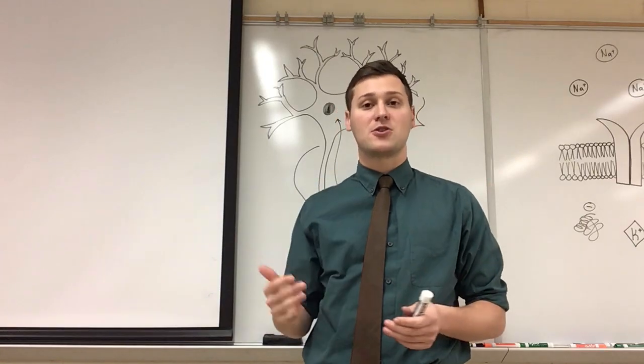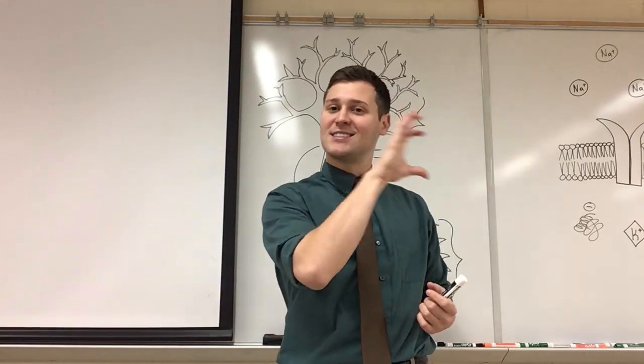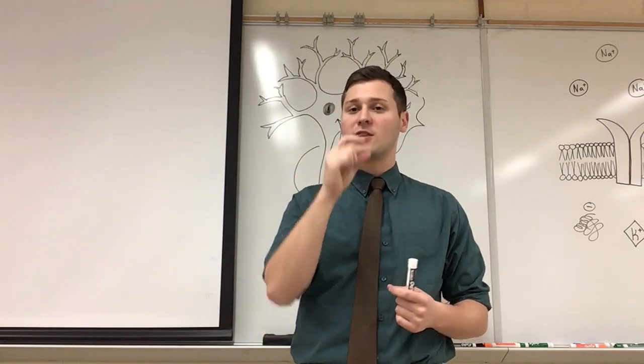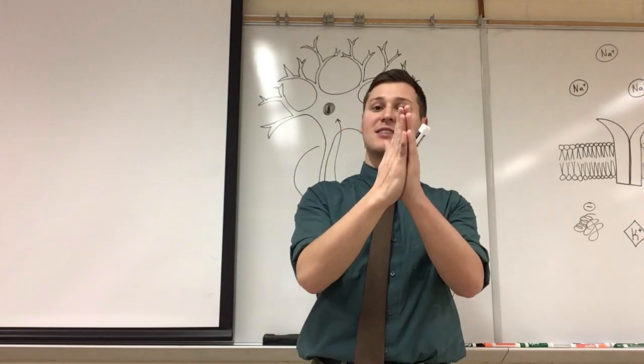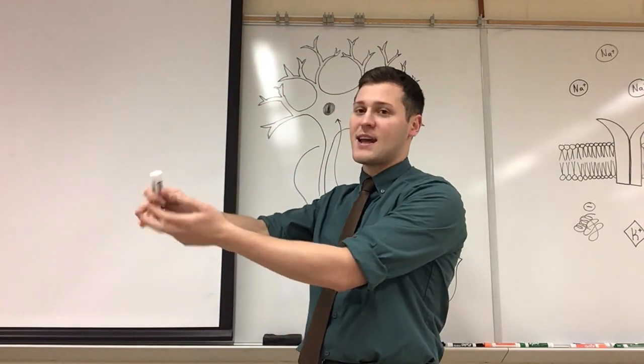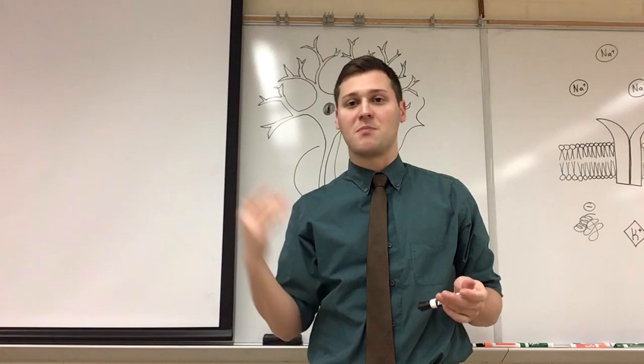So an action potential is basically looking at a single section of the neuron and seeing what's going on to allow that signal to be passed down from, let's say, my hand to my brain when I touch something.